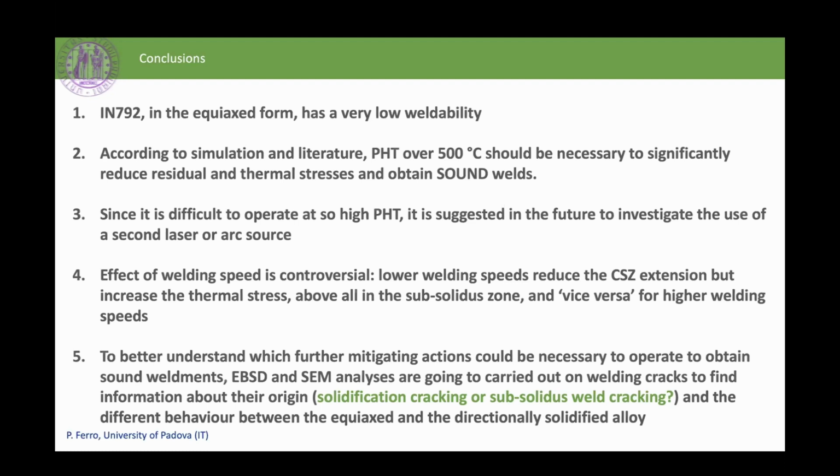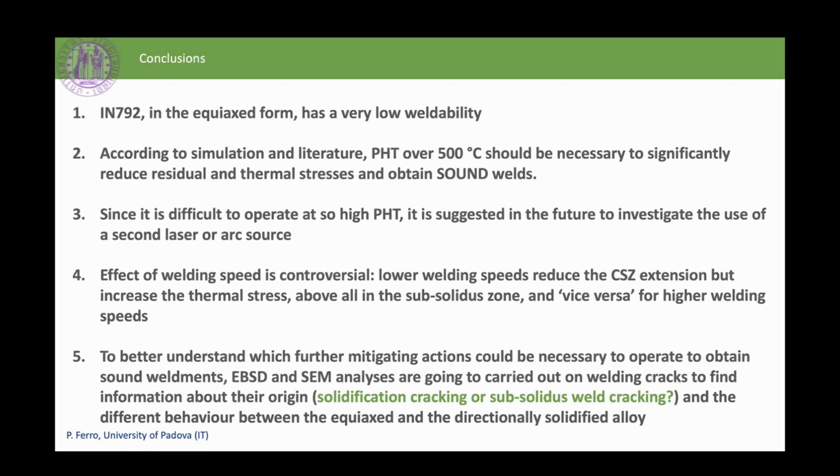As I told you before, the effect of welding speed is controversial. Lower welding speed reduces the crack susceptible zone extension but increases the thermal stresses, and vice versa for higher welding speed. The next step is to better investigate the nature of the cracks that we observe in all our trials using EBSD and SEM analysis, because we need to understand if we have to do with solidification cracking or sub-solidus weld cracking.